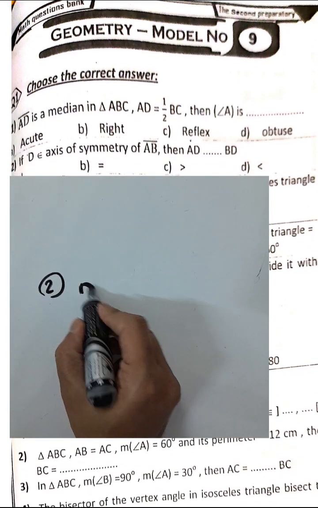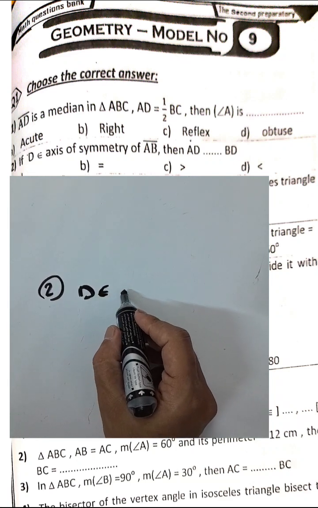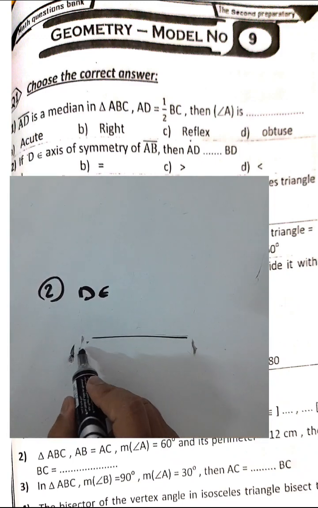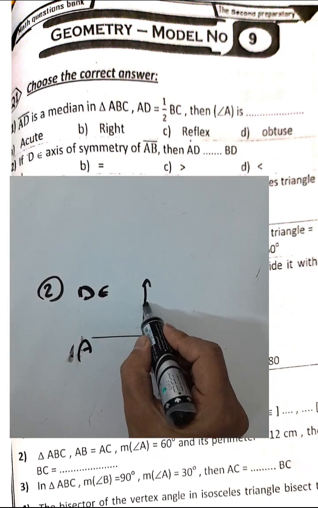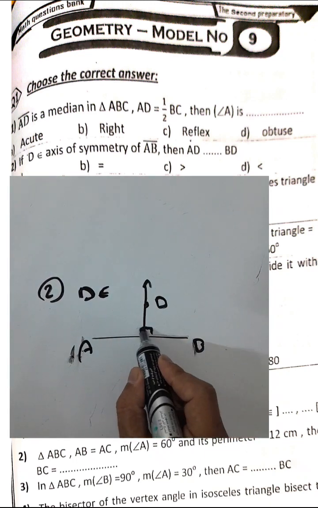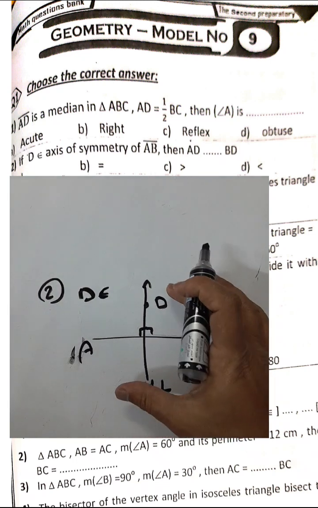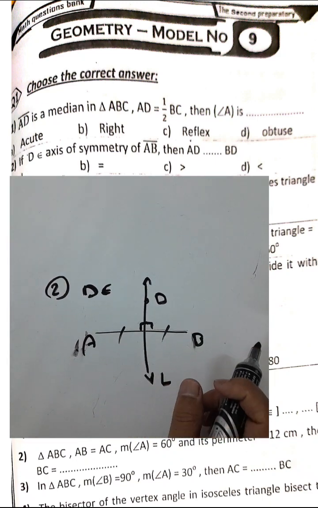Question number 2. If D belongs to the axis of symmetry of AB, we have here straight line AB and point D belongs to the line of symmetry. What about the line of symmetry? It will be a line L perpendicular to the base and bisecting it into two sides equal in lengths.